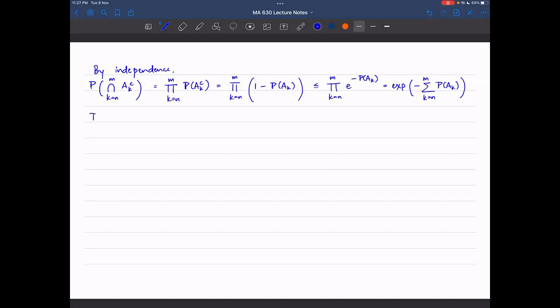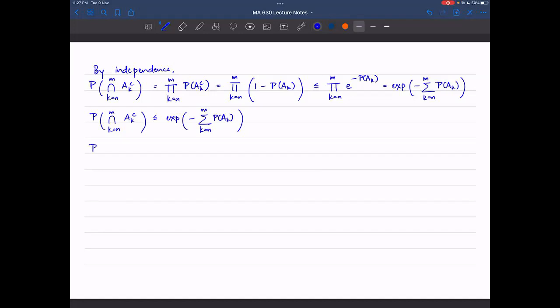I have P of intersection k going from n to m, ak complement, is less than or equal to e to the minus summation k going from n to m, P of ak. So far, I haven't done anything clever. I've just summarized the previous line. That's all. Now, remember, what I'm interested in is infinite intersections.